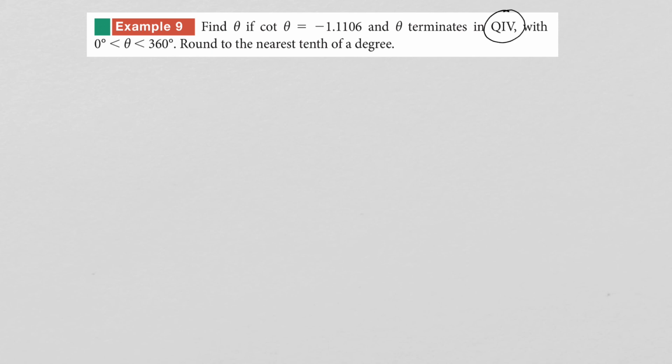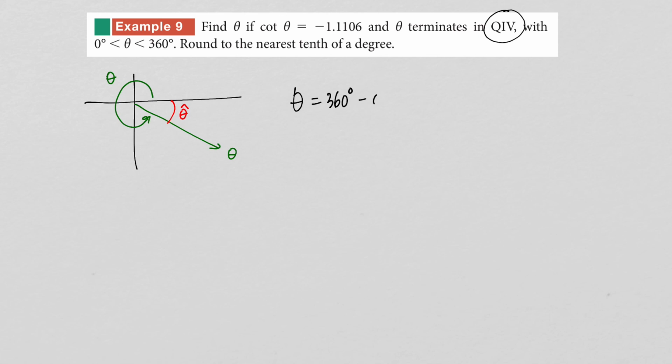So again, I start with the fact that theta is in the fourth quadrant, which means that it must look something like this. So this is where theta is. We need the reference angle here, which is theta hat. And we know from this picture that theta is equal to 360 degrees minus theta hat.